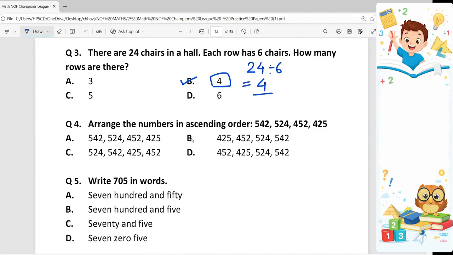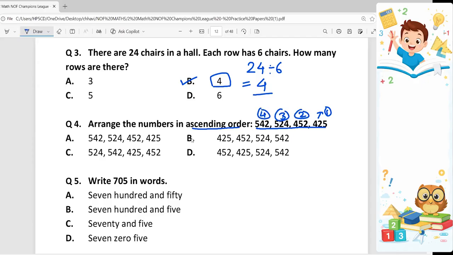Question 4. Arrange the numbers in ascending order. Now, what is ascending order? Ascending order means when you slowly move upwards, from the smallest number to the highest number. So in this series, we have first the smallest number, 425, then 452, second, then 524, third, and then 542, fourth.